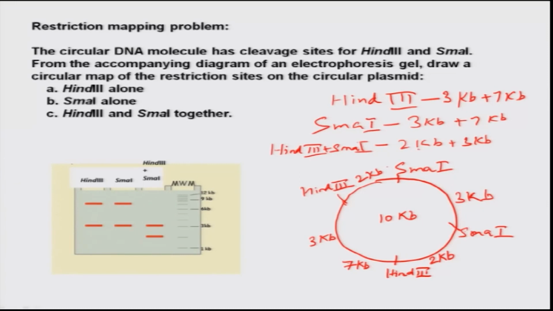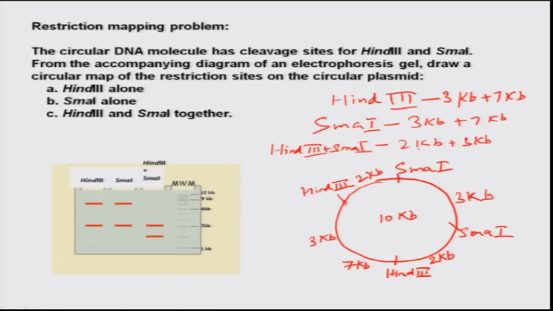So now if we look at the individual sizes of the fragments and see if the total adds up to the vector, then we will know that the map we have drawn is correct. So SMA1 yields a 3 kb and a 7 kb fragment. So we will see here this is a 3 kb fragment and this is 2 plus 3 plus 2, so this is a 7 kb fragment.